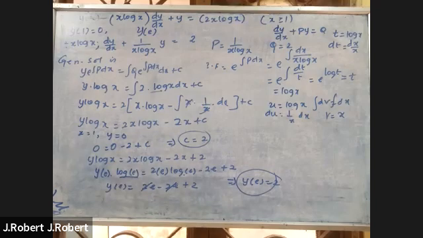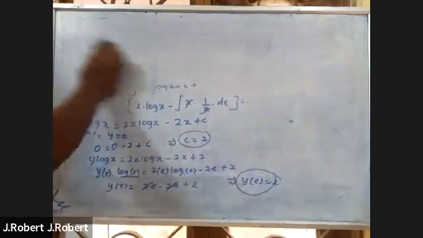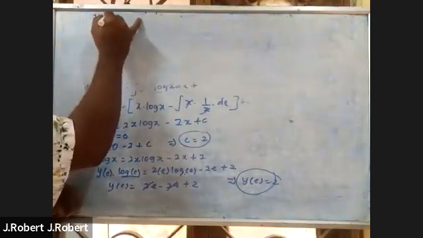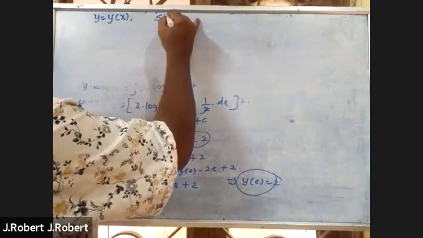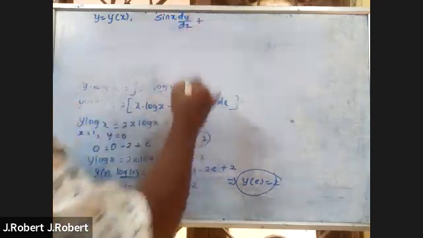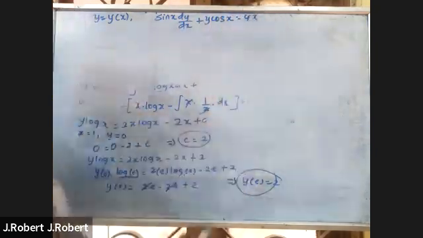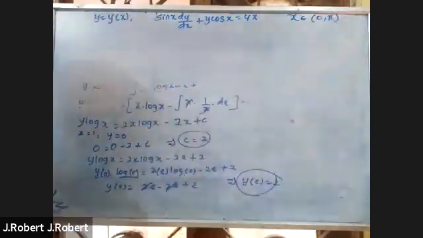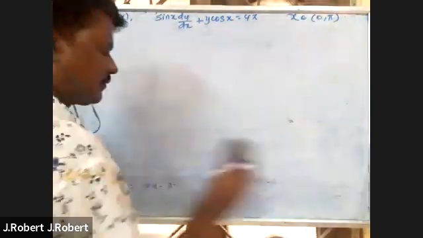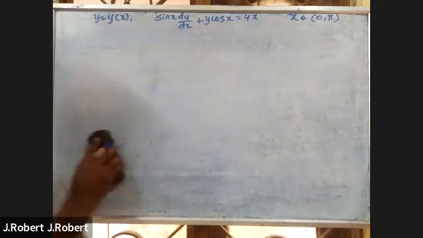Let y equal y of x be the solution of the differential equation sin x dy by dx plus y cos x is equal to 4x, x belongs to (0, pi).